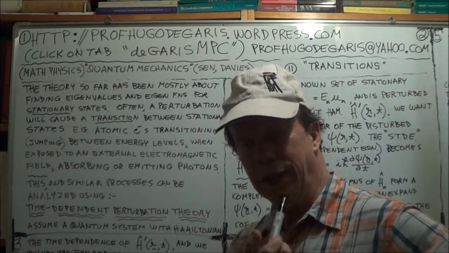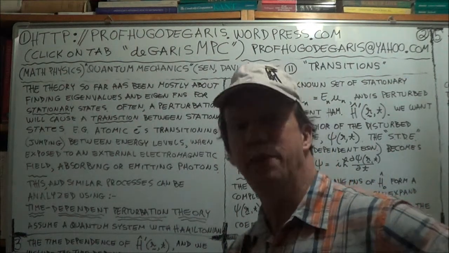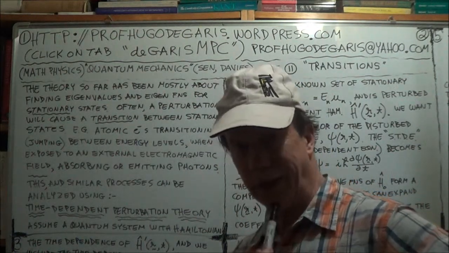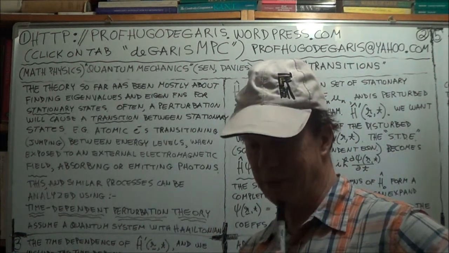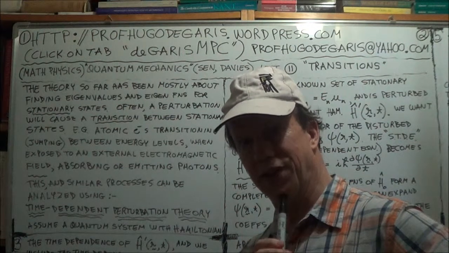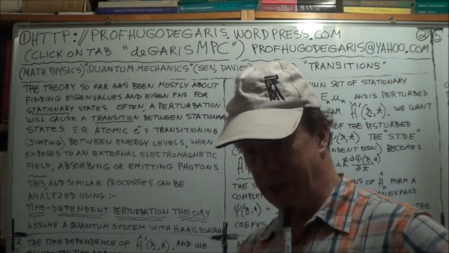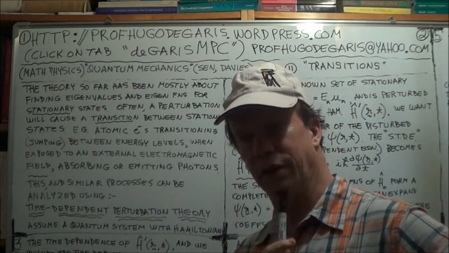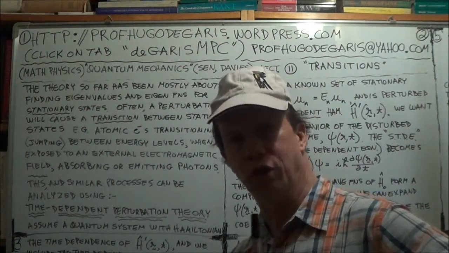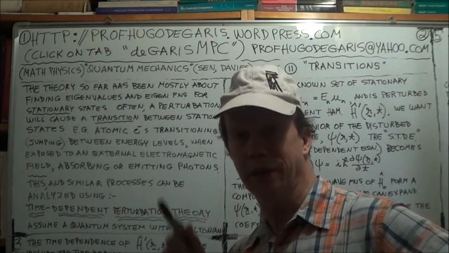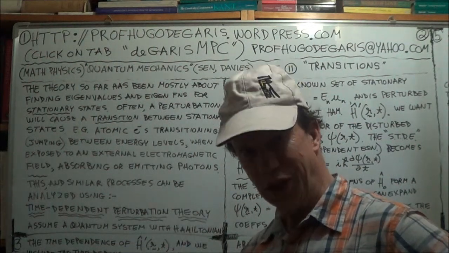We have been dealing largely with time-independent quantum mechanics because it's easier. Dynamics is usually more complex than statics, and we've been dealing with what I've been calling the STIE, the Schrödinger time-independent equation.